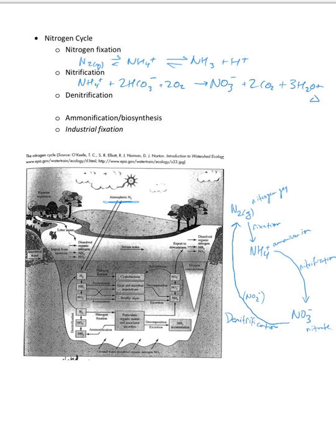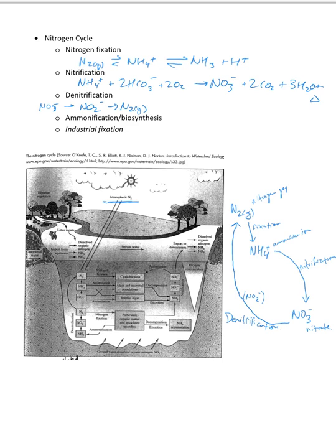So denitrification, the overall reaction is we've got NO3- going to NO2- and then to N2 gas. And this is again all mediated by bacteria. And now we've closed the loop.